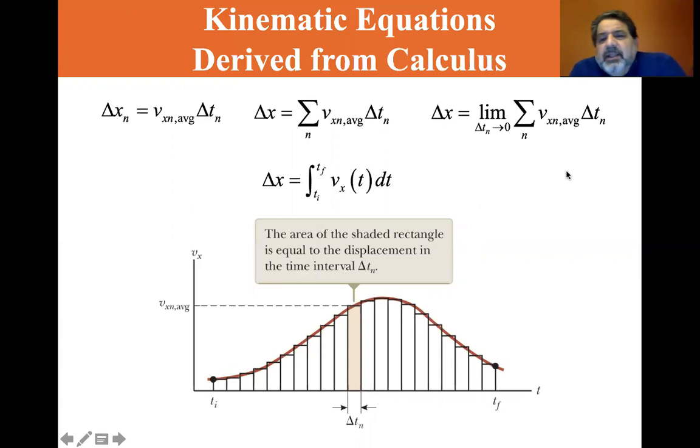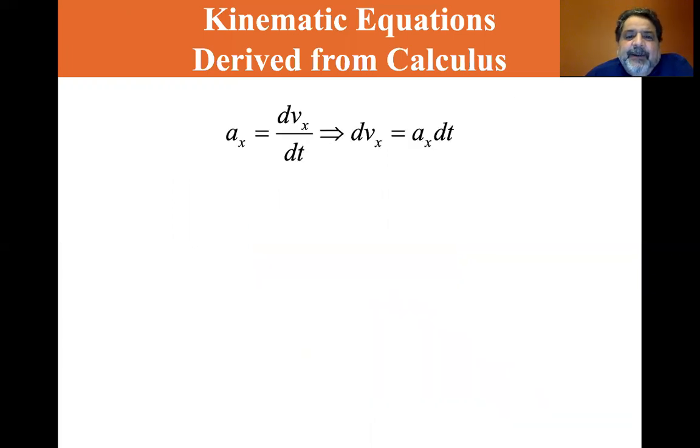So in calculus, this is known as an integral. Some people call it an antiderivative. I just call it an integral. The delta x is equal to the integral evaluated from t initial to t final of Vx(t) dt. So this is the integral to give us the area under the curve, which will give us delta x.